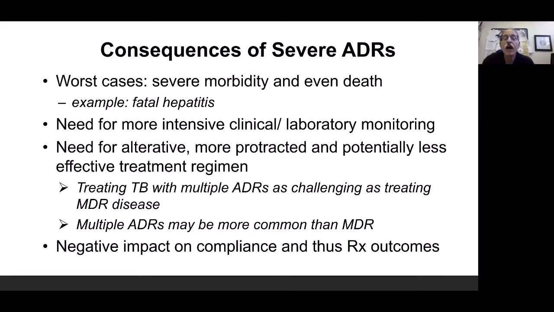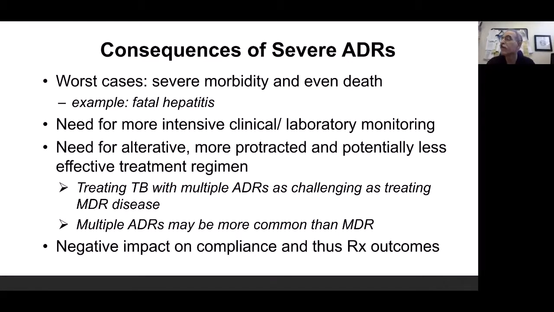And it is also true, at least in the region where we are, that patients with multiple adverse drug reactions are much more common than patients with multi-drug resistance. Now, that may change over time, but at least for now, we have many more patients who are on complicated regimens and second and third line drugs because of adverse drug reactions to first line medications.